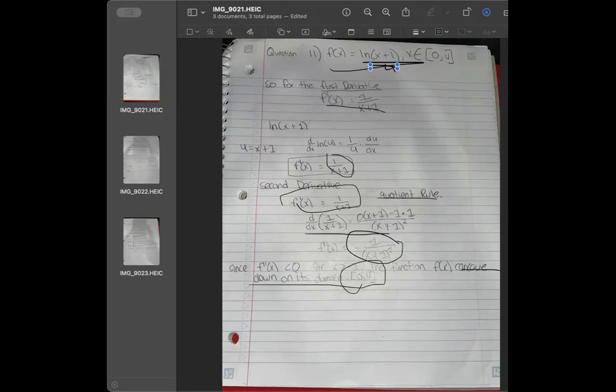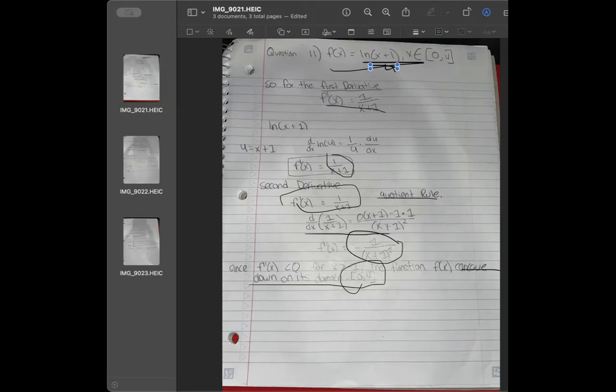What I did there was use the chain rule: I replaced x plus 1 with u and found the derivative, which gave me 1 over x plus 1. That tells us the slope of the function at any point, and f prime of x is greater than 0 for all points in (0, 4). So the function is always increasing on that interval.